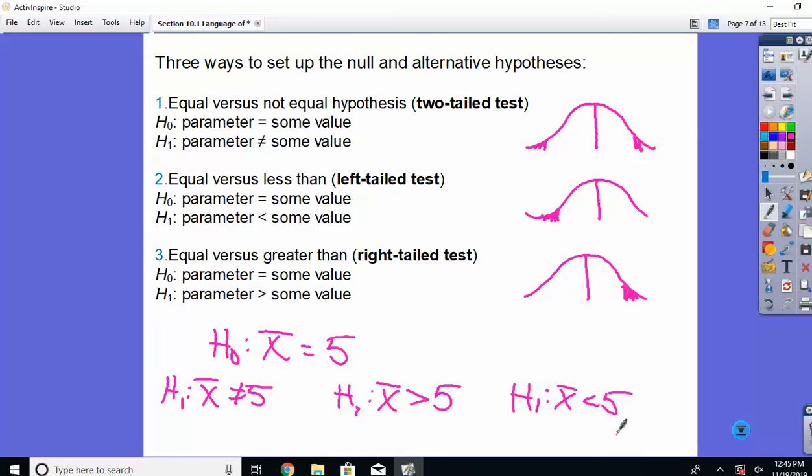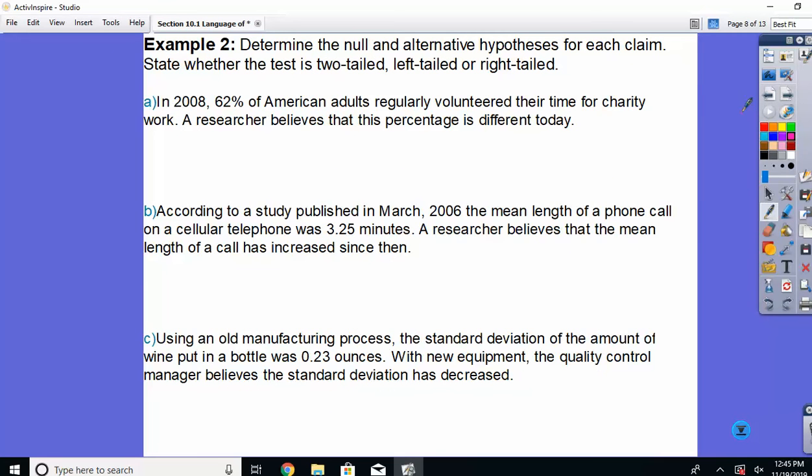Let's look at an example. For each of these, I want to find the null and alternative hypothesis. And then we'll decide if it's two-tailed, left-tailed, or right-tailed. So, kind of going back to those examples. In 2008, 62% of adult Americans regularly volunteered their time for charity work. A researcher believes that this percentage is different today. You have to use correct labeling. The null is H sub 0, the alternative is H sub 1.